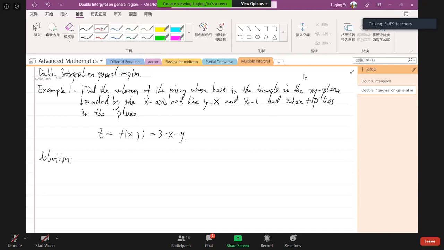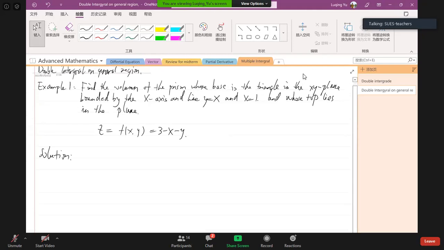Previously I already tried to show you how this works. For a multiple integral over a general range, the most important thing is to find the integral range. The integrand surface is not that important, you just put it into the formula, but the most important thing is to find the integral range.